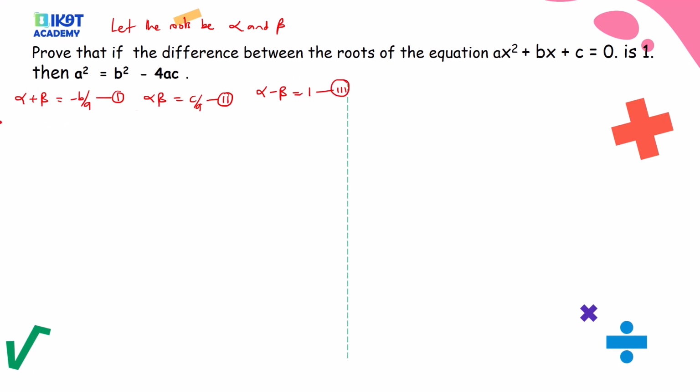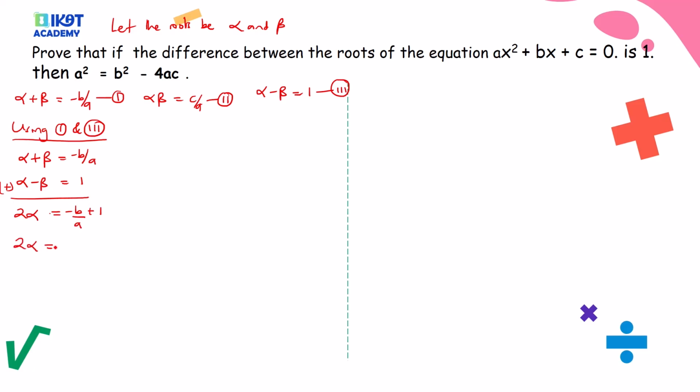So this is very similar to the one we've just done. So we say, using 1 and 3, let me underline this. So this is alpha plus beta is equal to negative b out of a, alpha minus beta is equal to 1. So if I add, I get 2 alpha is equal to negative this plus 1.